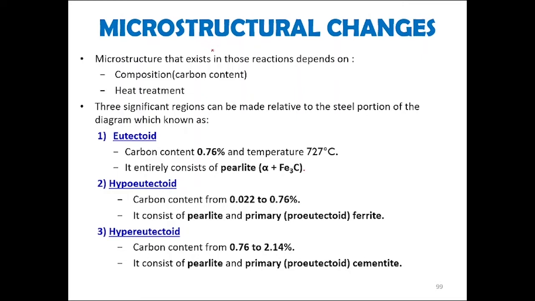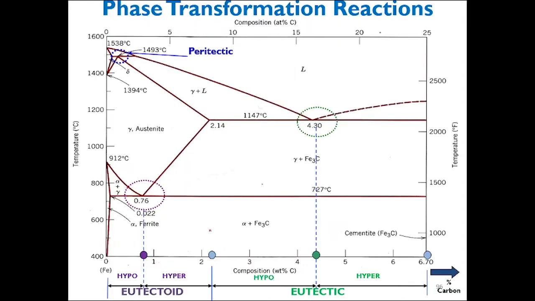I hope you can study eutectic in the binary eutectic phase diagram so that you will understand the microstructures for eutectic, hypoeutectic, and hypereutectic. For iron-iron carbide, we will cover eutectoid, hypoeutectoid, and hypereutectoid. To make you better understand, I show you in the phase diagram.